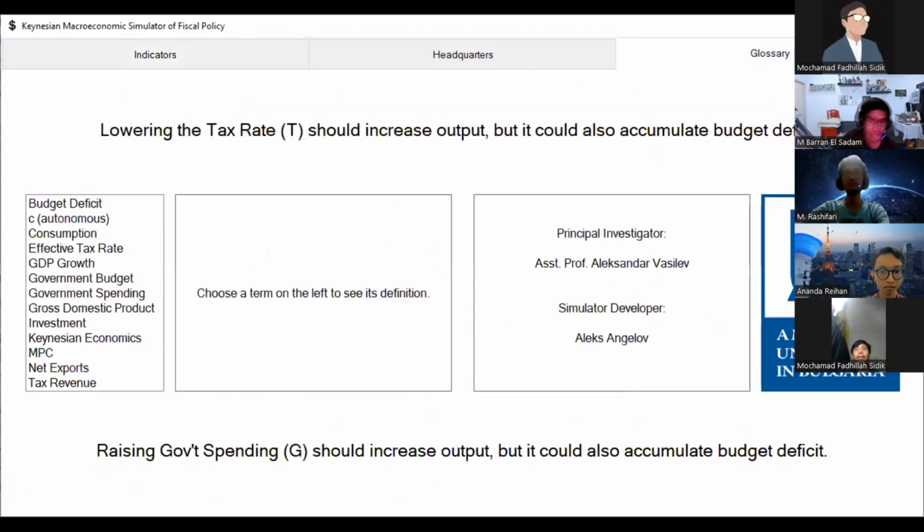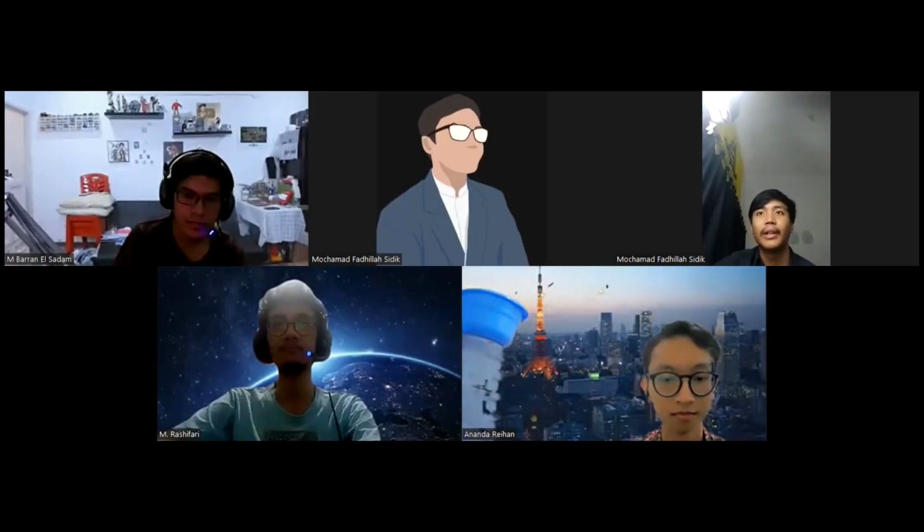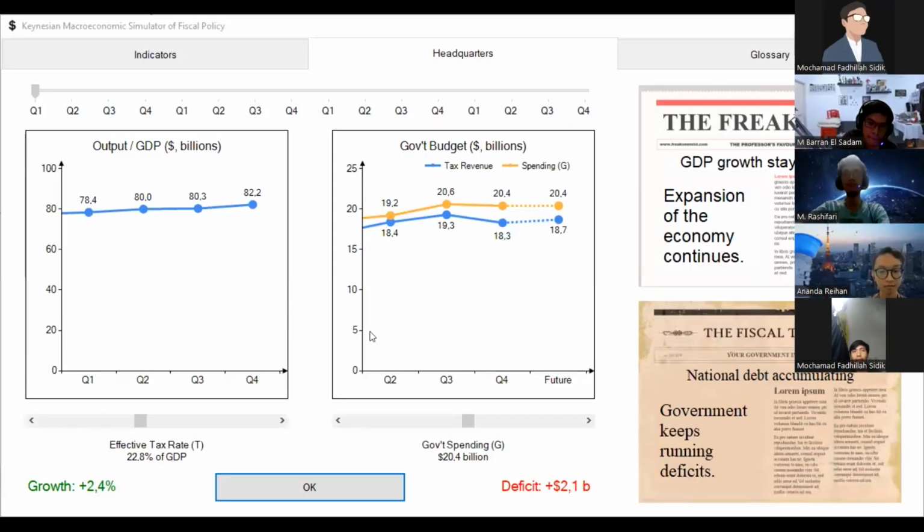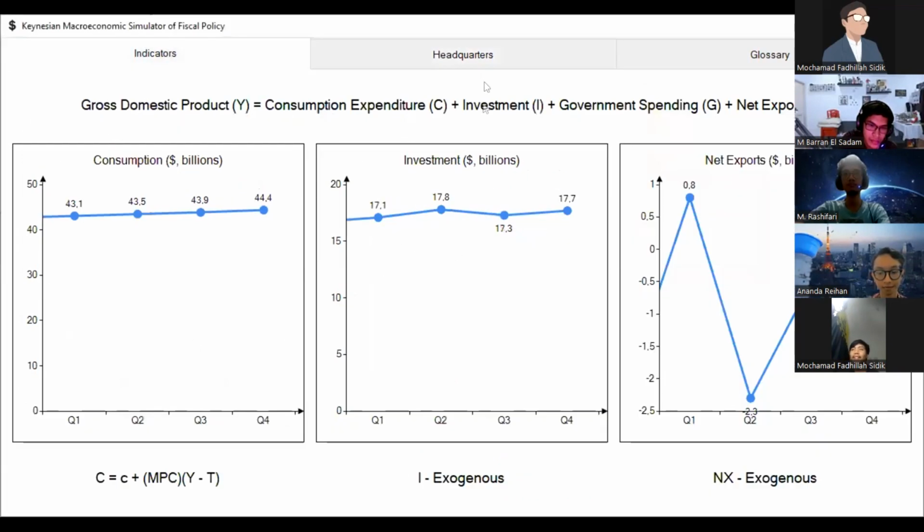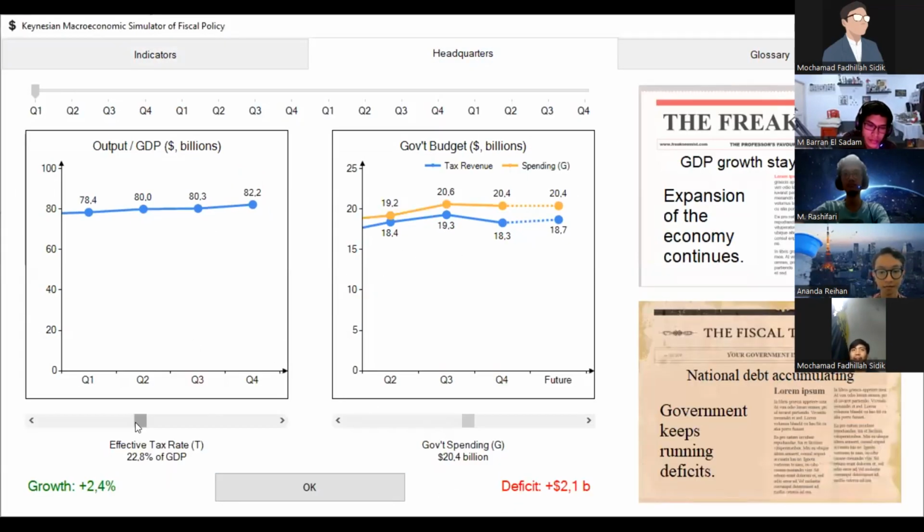Let me open the app again. The reason I don't show you that too much is because in my experience, they've always been random. I don't think the sliders really have a consistent effect on the indicators. But you know what? Let's try that for the sake of trying.